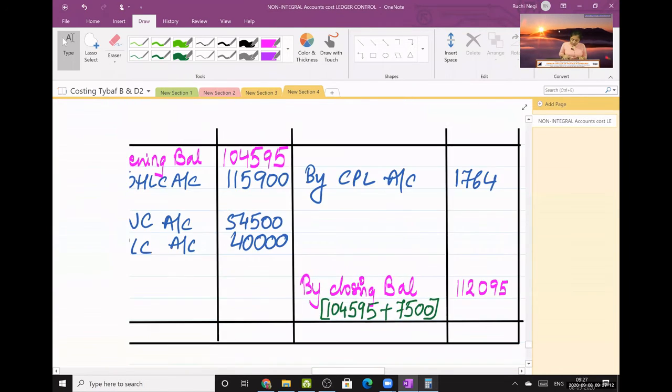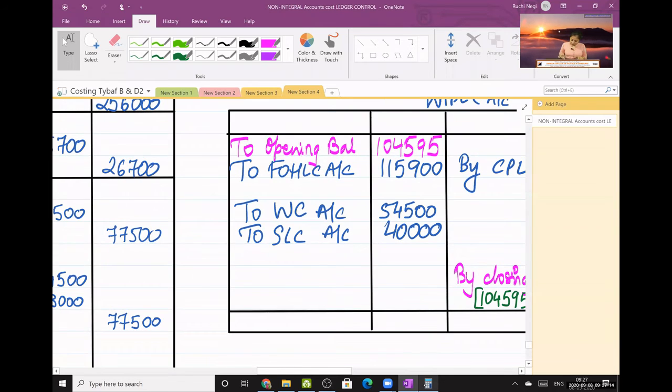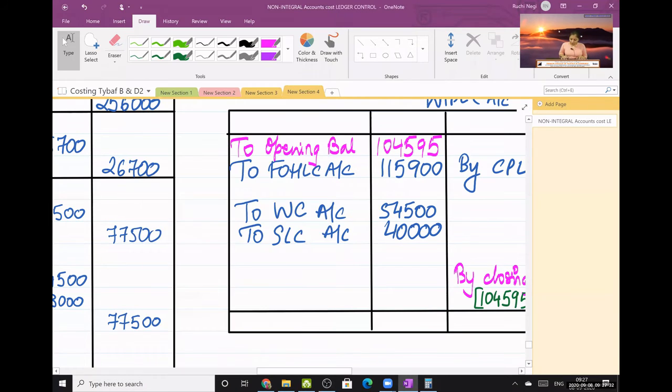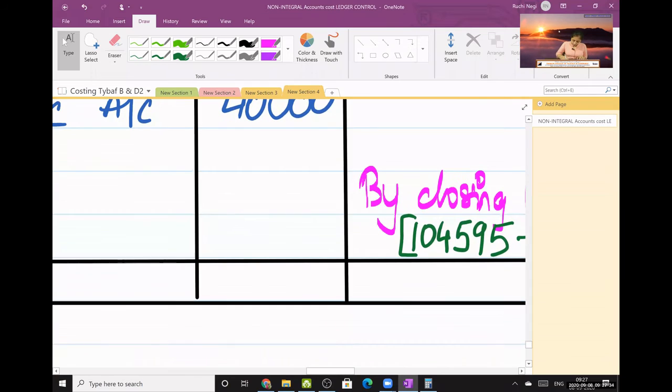Let us close the WIP account. 1,04,595 plus 1,15,900 plus 54,500 plus 40,000. 3,14,995. Okay, so write down here 3,14,995.